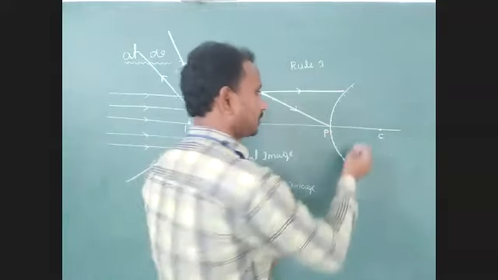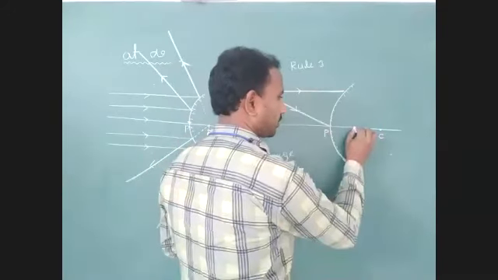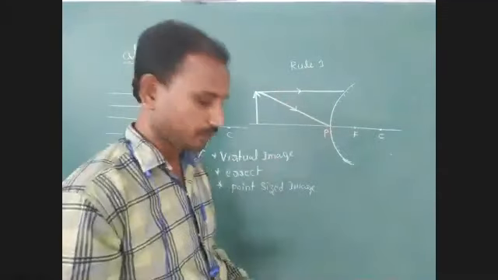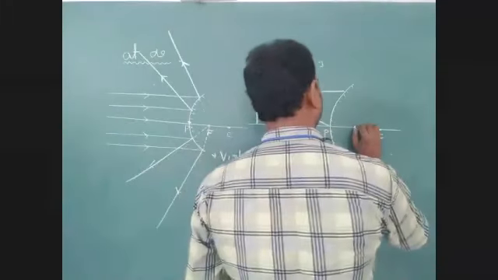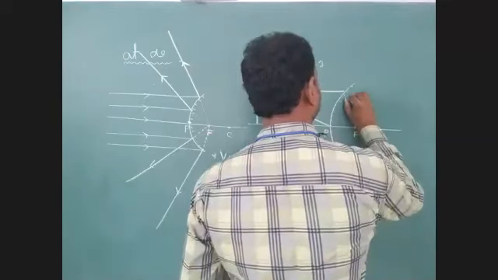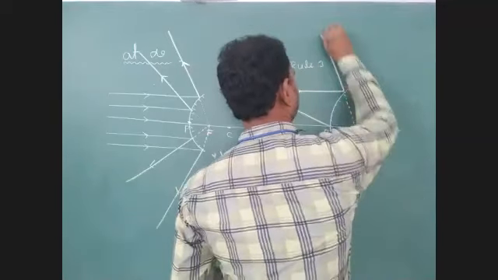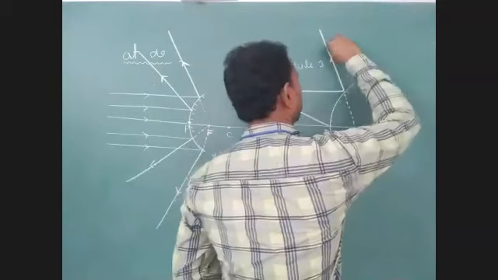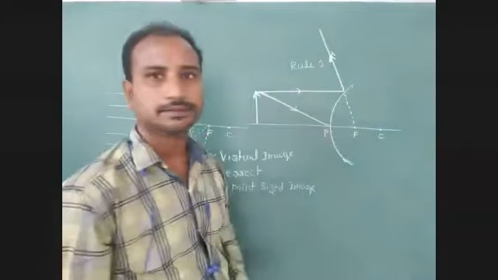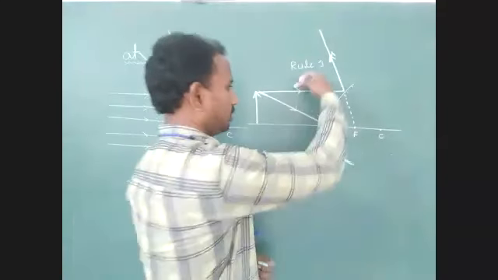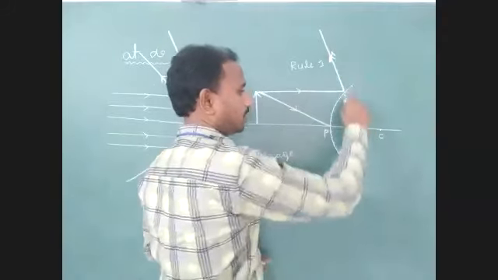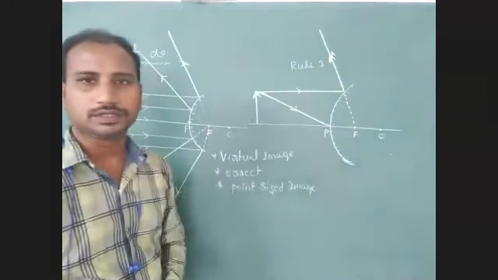Where is the principal focus? We consider the principal focus exactly between the pole and center of curvature. Now represent that principal focus. Now we have to represent that reflected ray from the principal focus. So here the incident ray is parallel to the principal axis. After reflection, the reflected ray appears from the principal focus.